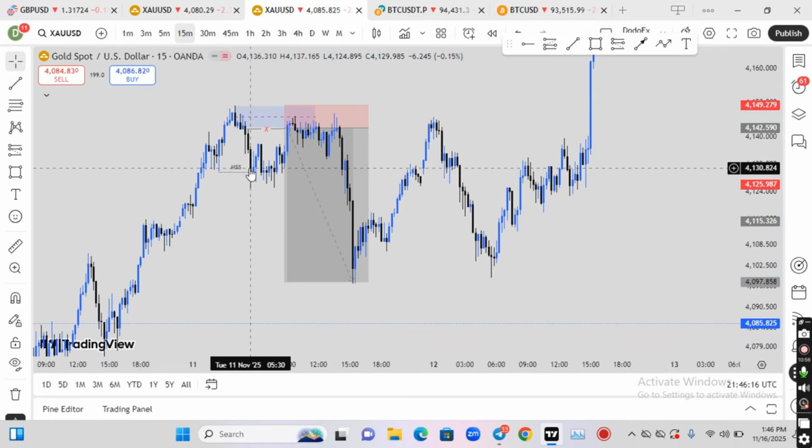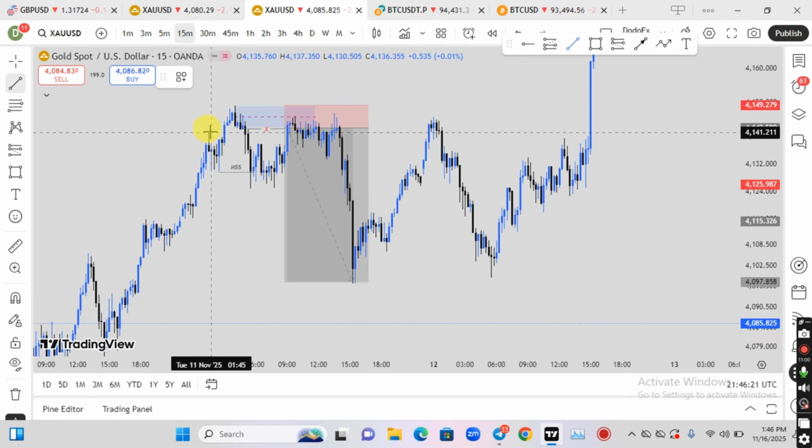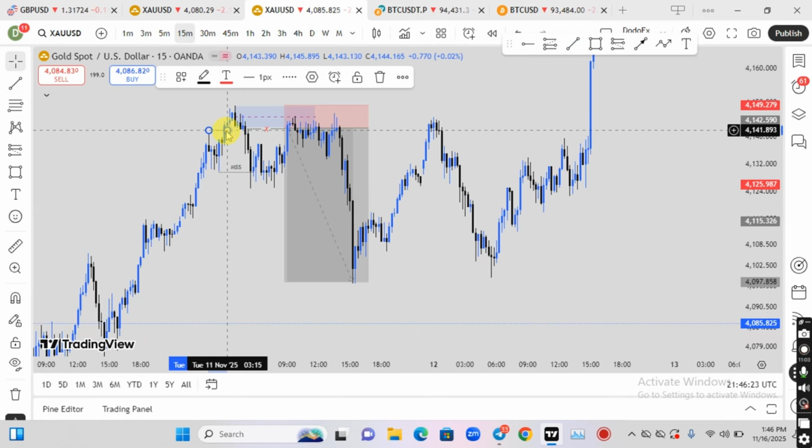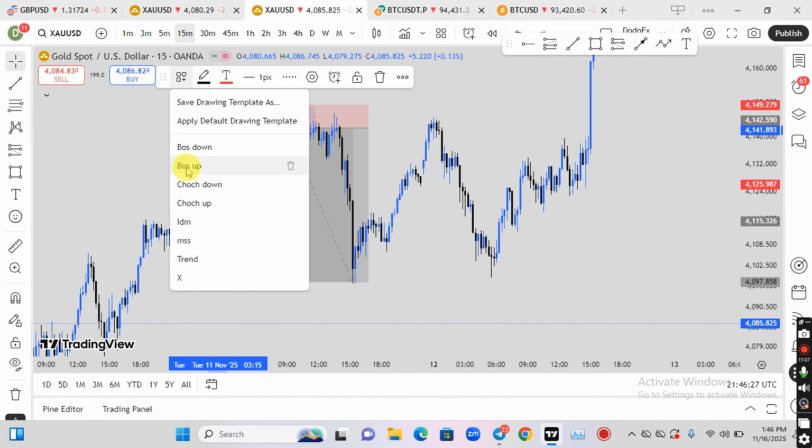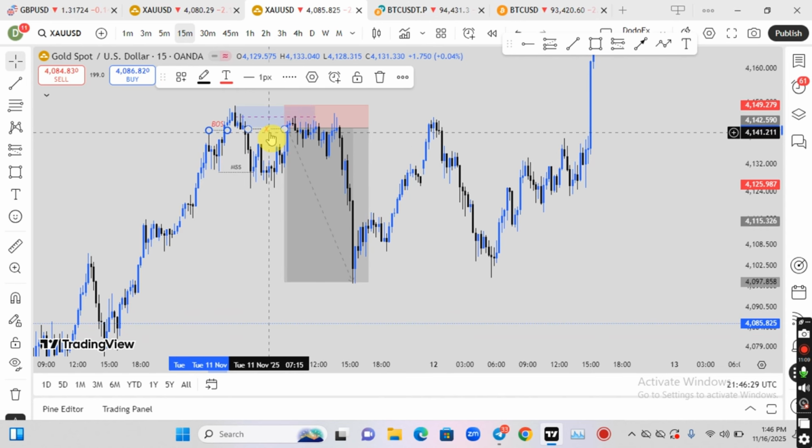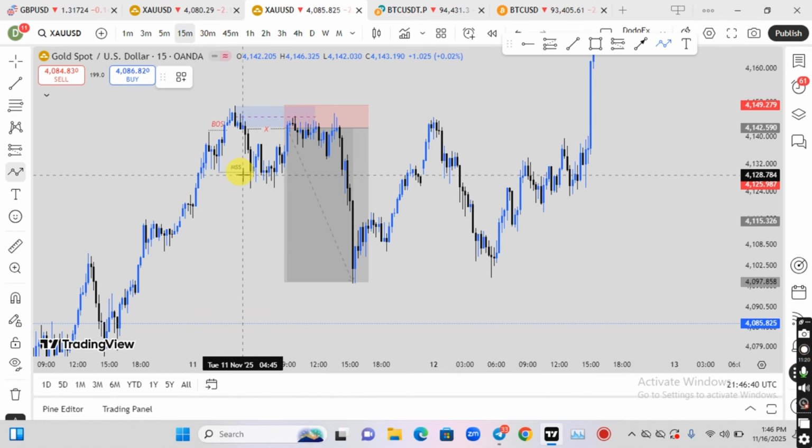The market gave me a market structure shift after breaking structure here. It was the last recent break of structure price did, right? Then price pulled back and decided to break this zone here. After price broke this zone, I gave the market structure shift. Which one was the first pullback? This was the first pullback after the market structure shift.